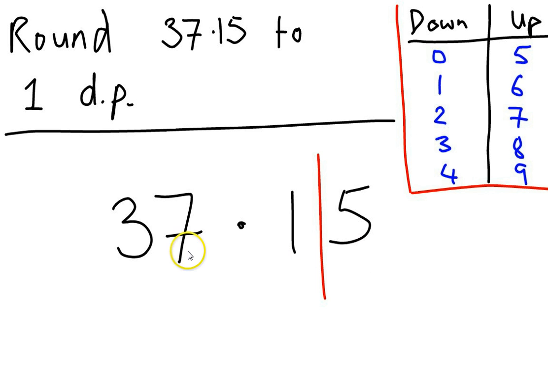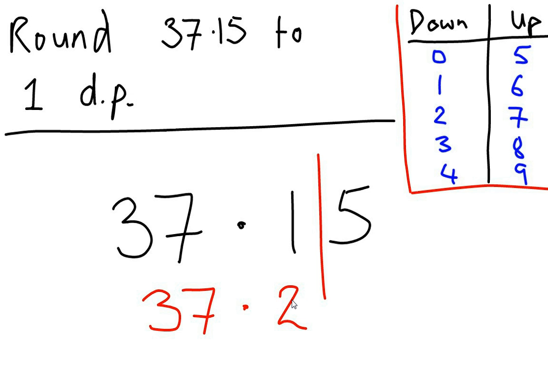Because the number that comes after my line is a 5, that means it is under the up box. So this number here, the first decimal place, is going to be rounded up to 37.2. So the 5 has told us that we need to round the first digit up to 37.2.